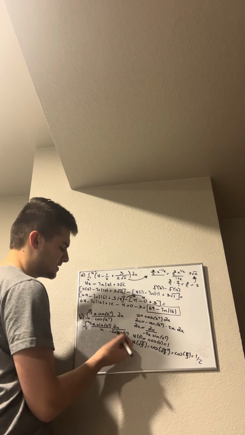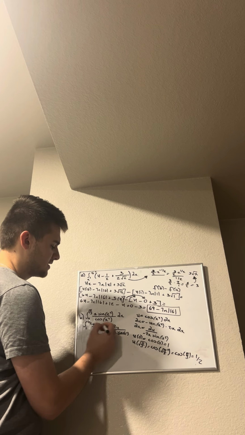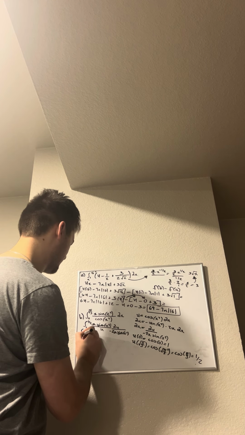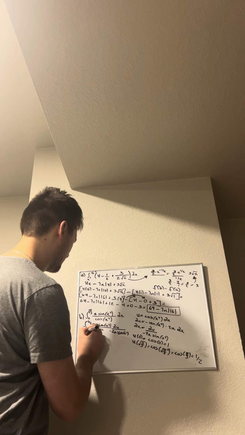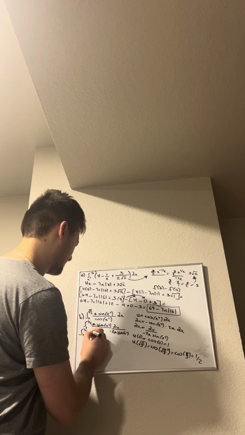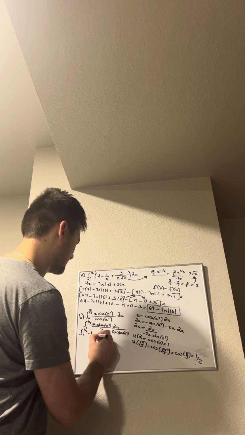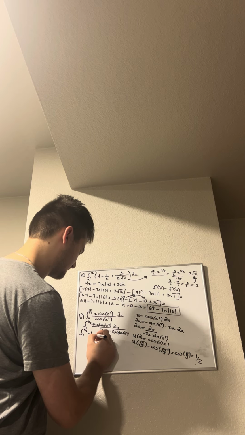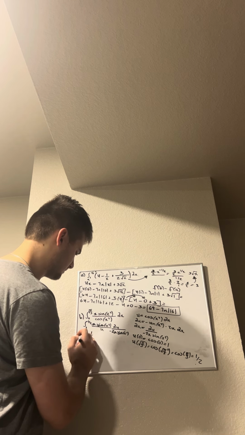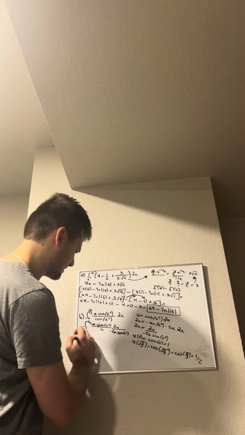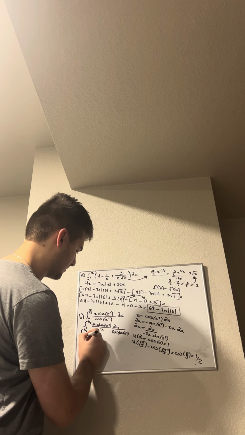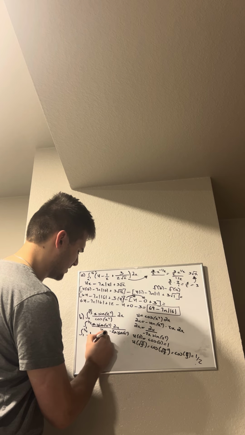So we can instantly cancel out the sines, then we can cancel out the x's as well. So essentially we'd have the integral from 1 to 1/2 of negative 1/2 times 1 over u.